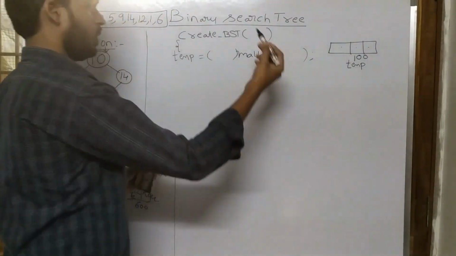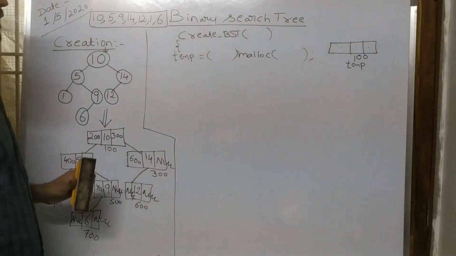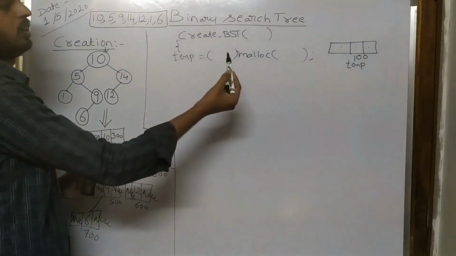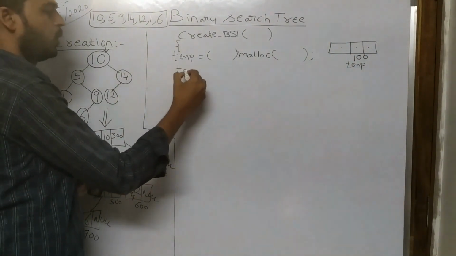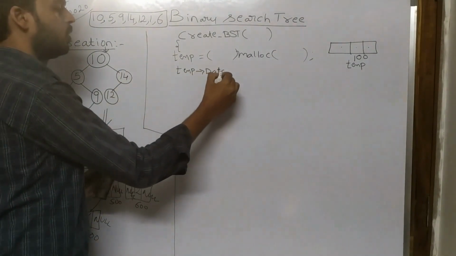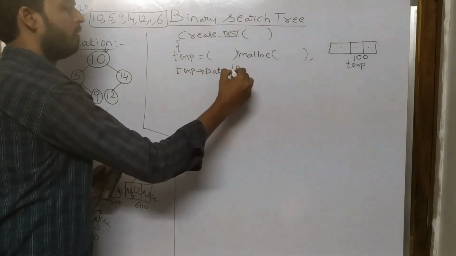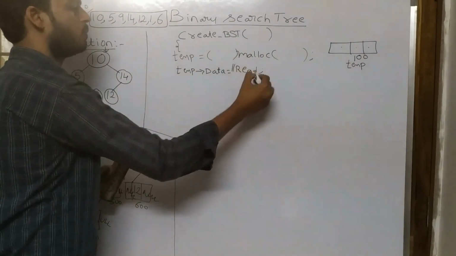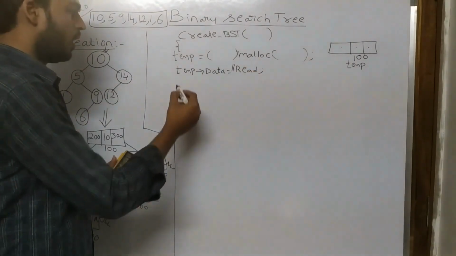For example, our structure contains a data field. So I am going to take data: temp->data equals the value read, whatever the value is.